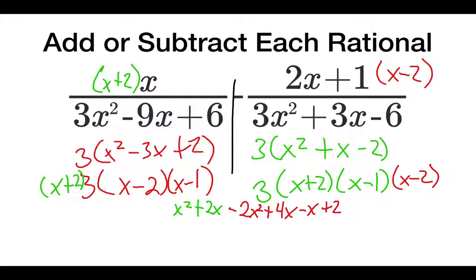So we're going to start combining our terms. In this case, it becomes negative x squared plus 5x plus 2 all over 3 times (x plus 2) times (x minus 2) times (x minus 1). And there we go.